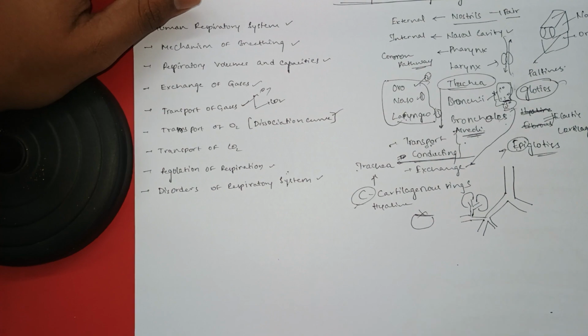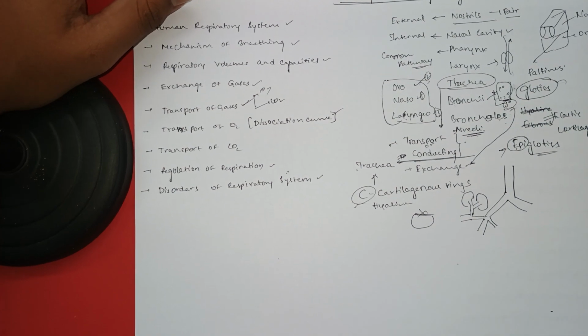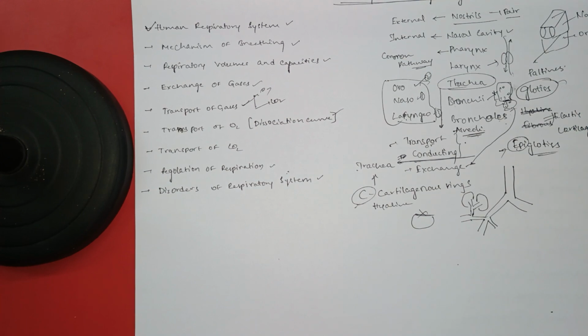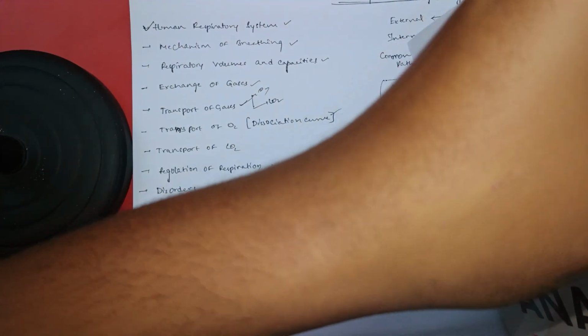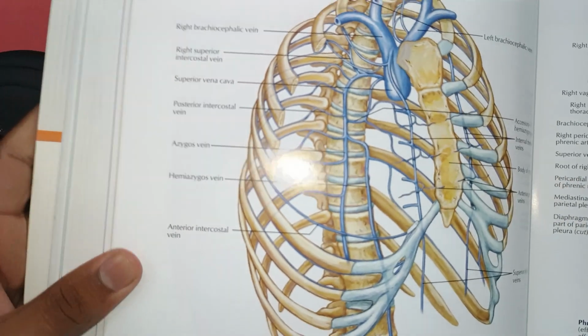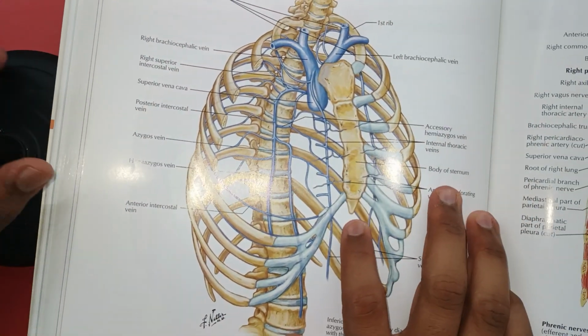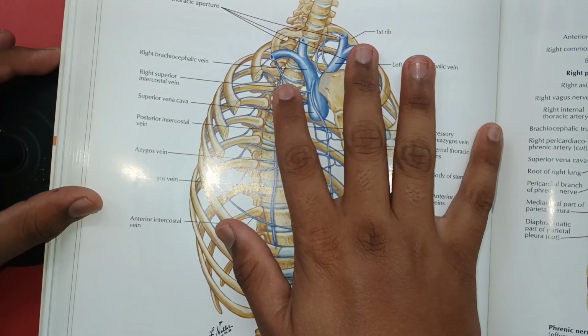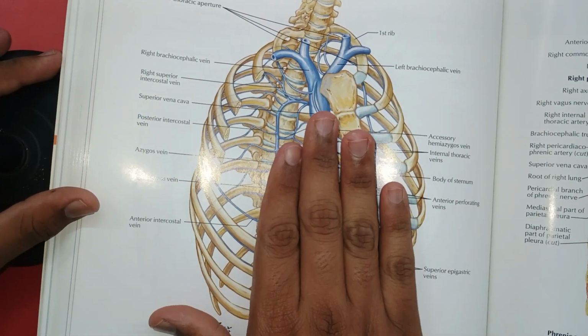But before moving to the mechanism of breathing, let me show you the diagrams of this human respiratory system, so you would be very clear. I'm showing you the diagrams from an atlas of anatomy. So this is your rib cage, guys. The lungs are present inside the rib cage, which you can also call the thoracic cage.